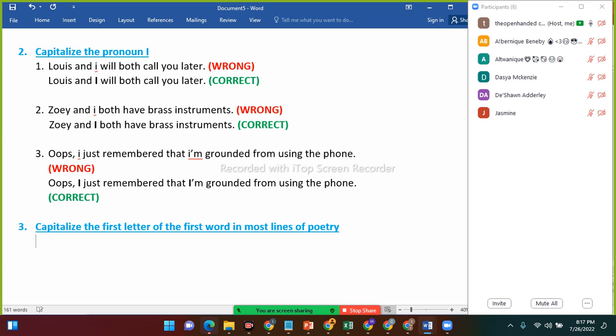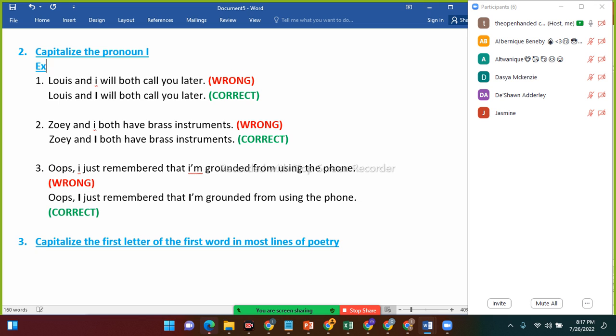Oh, I should put examples in. For example, I'm only going to use one example.